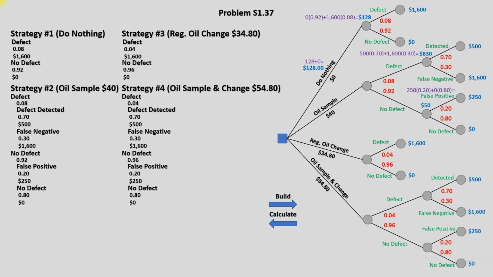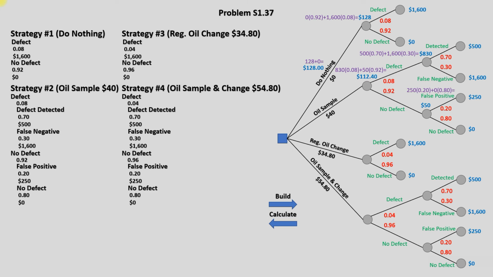So with this one, since we have states of nature coming together, we're going to have to multiply our expected values times their probabilities of happening. We're going to take the $830, multiply it times 0.08, and add that to the $50 times the probability of 0.92, and this will get an expected value of $112.40.